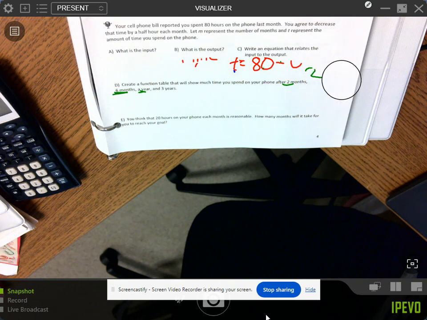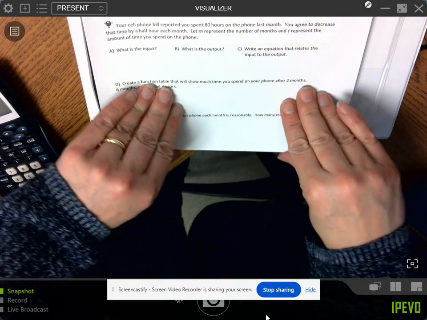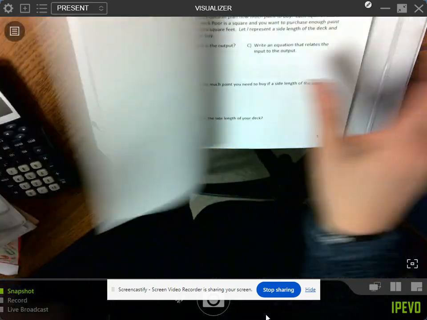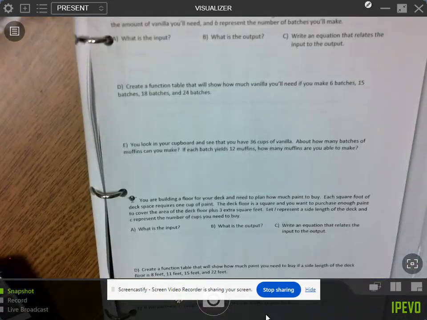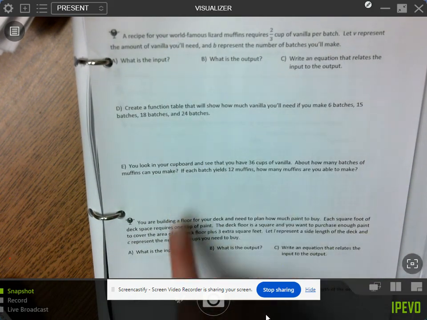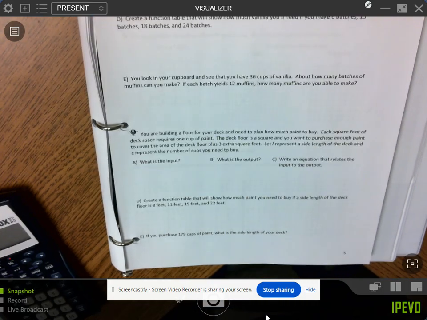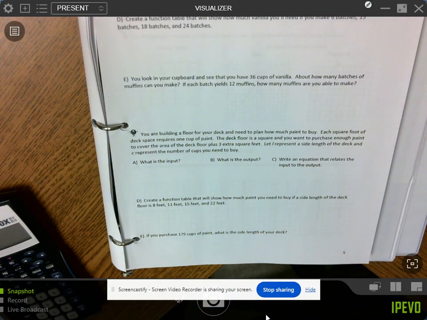Let's look. We have a work page. We have two problems on this page. We've got the recipe and we've got the building floor plan. You need to get these two problems done. So sometimes we have homework, sometimes we don't. Work on these.